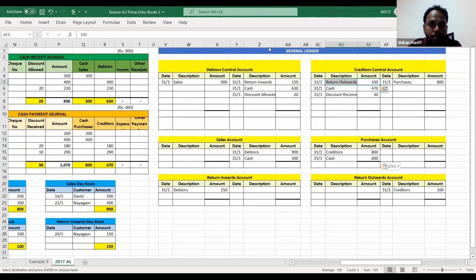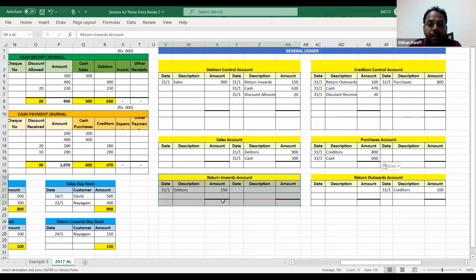What is the question? Do we enter return in purchase? There is a question: do we need to enter return inwards and return outwards in purchases and sales account? No, we don't record return inwards and return outwards in purchases and sales account, right?